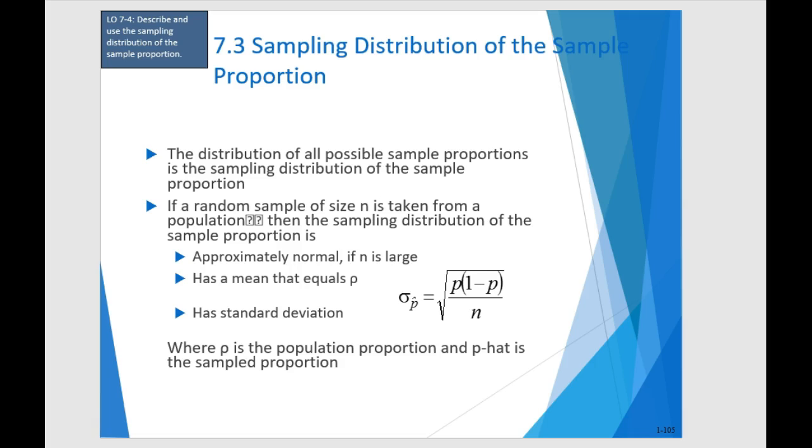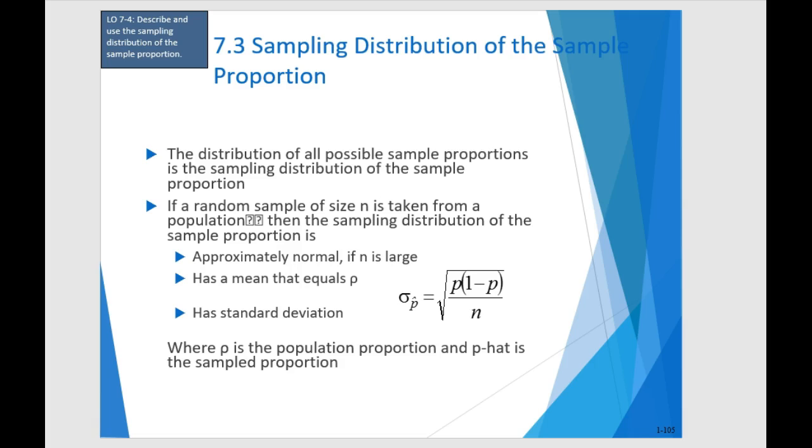The distribution of all possible sample proportions is the sampling distribution of the sample proportion. If a random sample of size n is taken from a population, then the sampling distribution of the sample proportion is approximately normal if n is large, has a mean that equals p, and has a standard deviation that is equal to the following, where p is the population proportion and p hat is the sampled proportion.